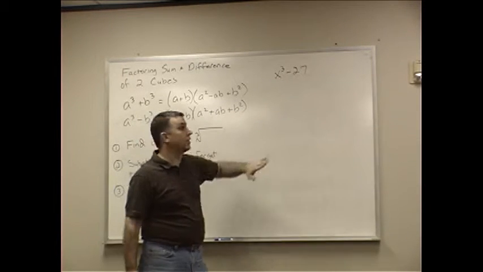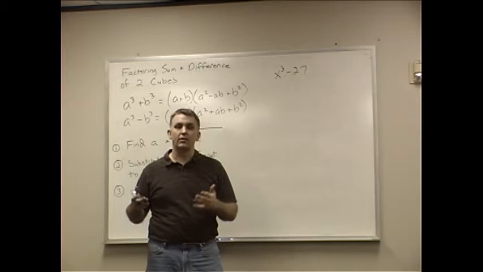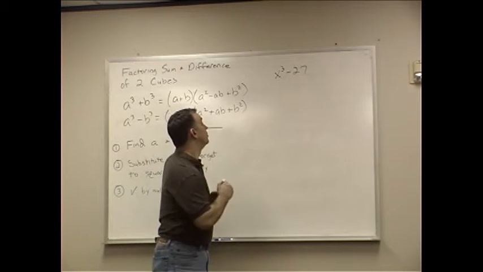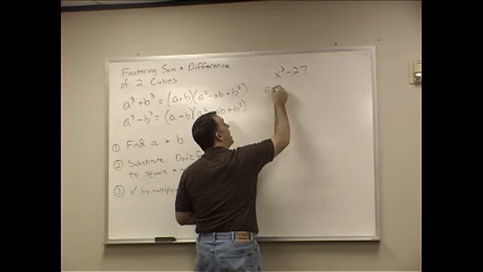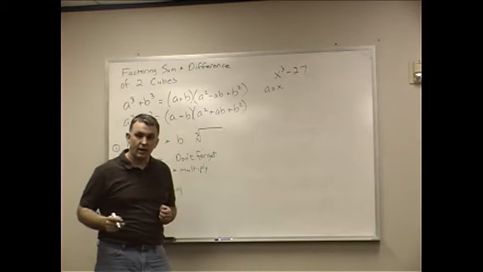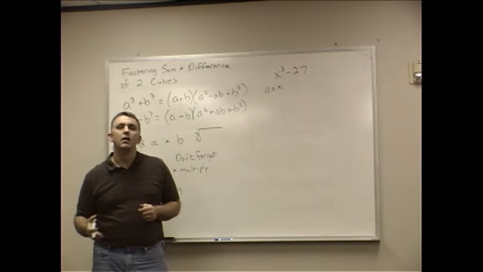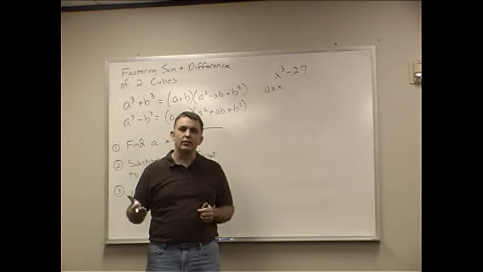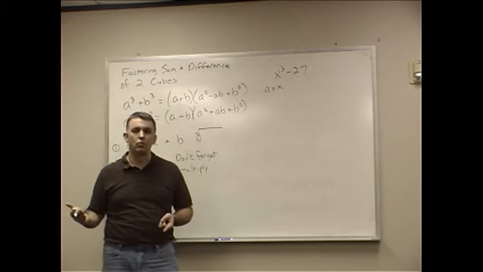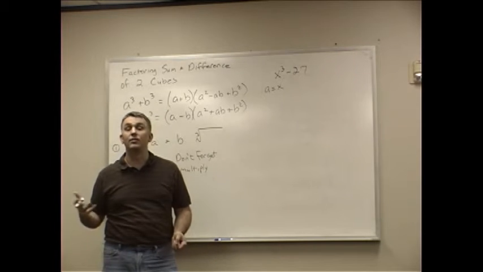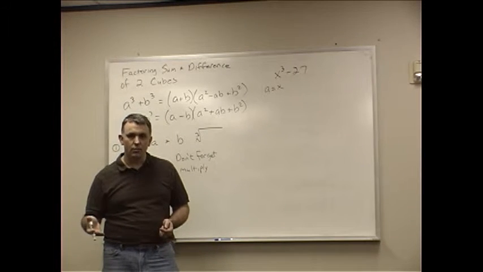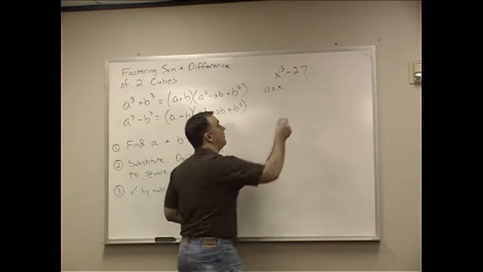Now, when you take a look at this, x cubed, well, x times x times x is x cubed. So we know that a is equal to x. Okay? And then 27, is there a number times itself 3 times that gives you 27? And the answer to that is yes, it's 3. 3 times 3 times 3 is 27.